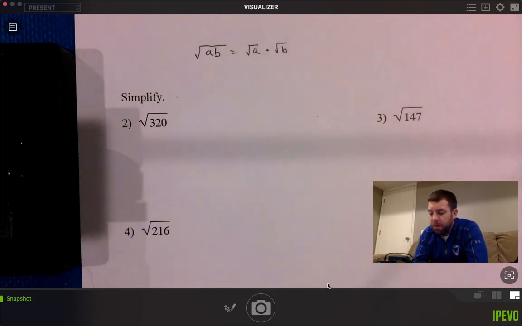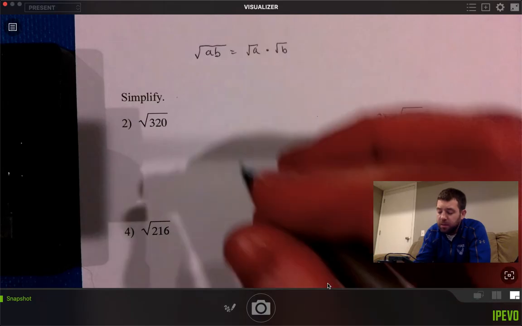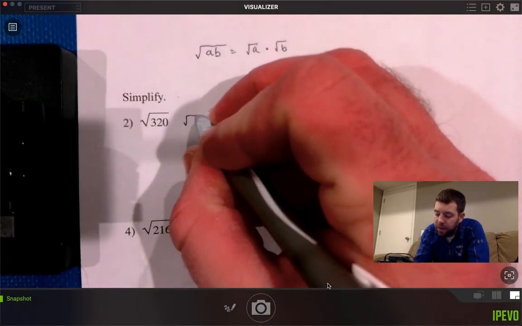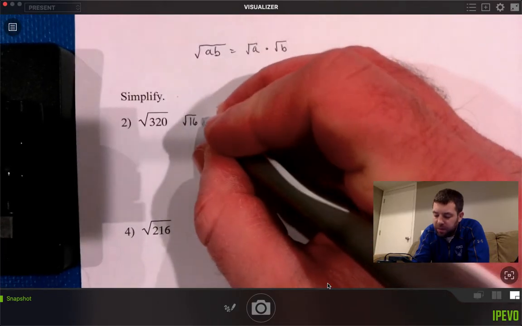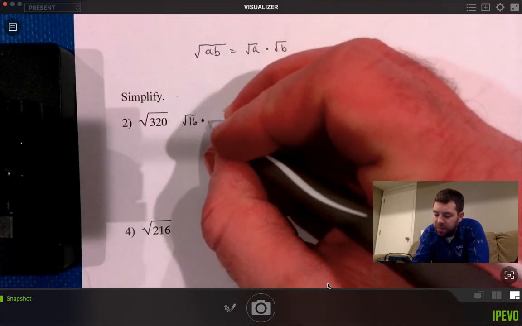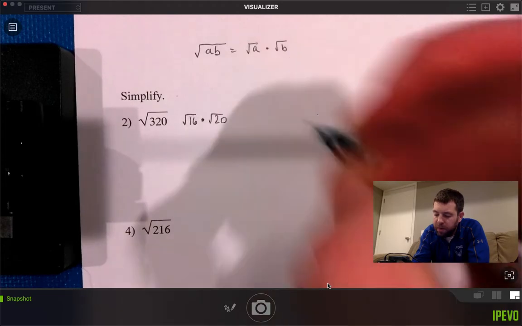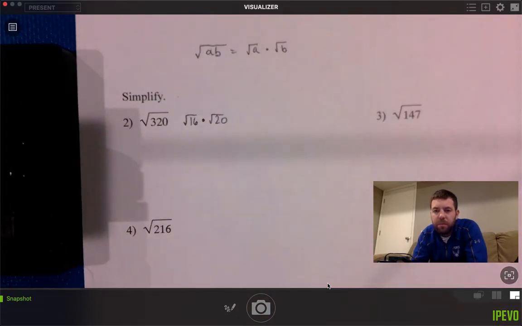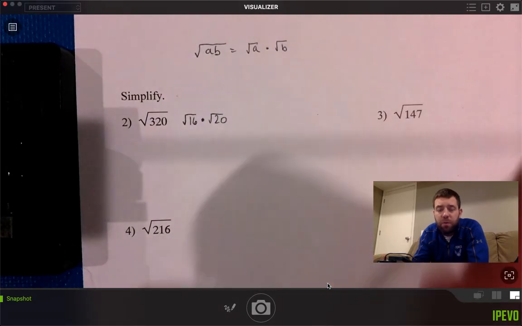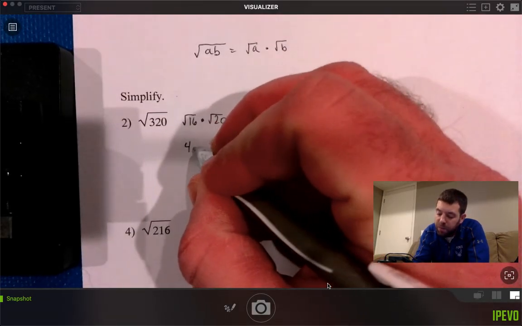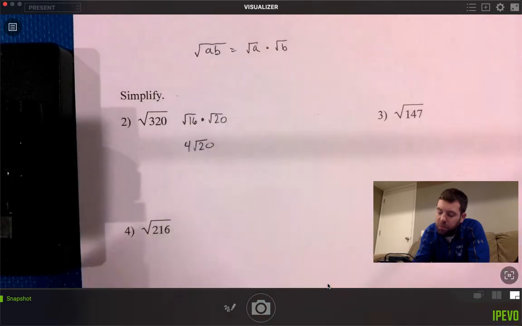So then I can break this down to equal radical 16 times radical 20. Well, what is radical 16? We found up top that that's a 4. So now I've got 4 radical 20.